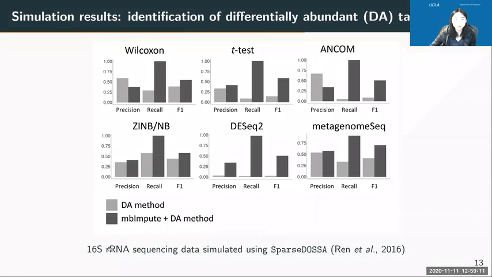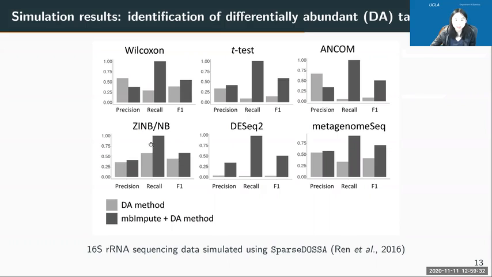So here we use the 16S RNA sequencing data simulated from a third-party simulator called SparseDOSSA. And here we evaluated the DA taxa identification accuracy in 3 measures: precision, recall, and F1 score, which is the harmonic mean between precision and recall.